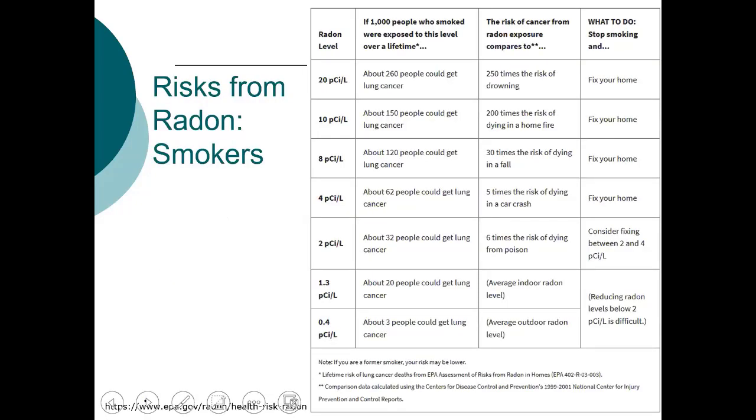I've included these tables. I'm not going to spend a lot of time here, but it gives you some sense of the risk. So for instance, at 4 picocuries, the lifetime additional risk for exposure to radon would be 62 out of 1,000.